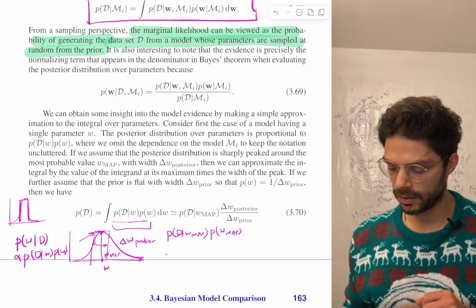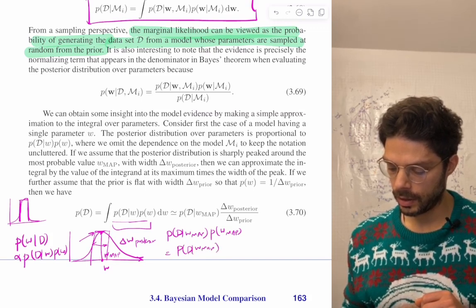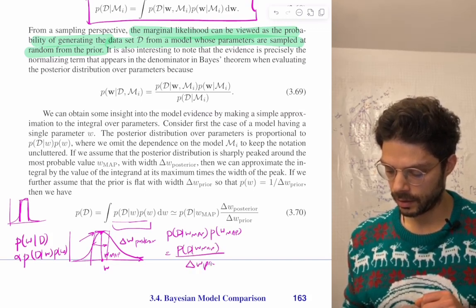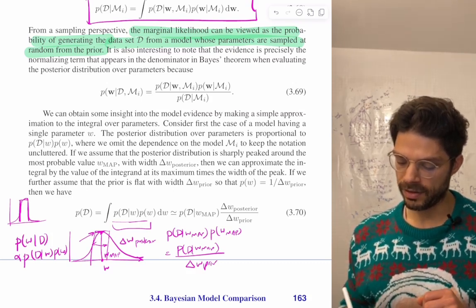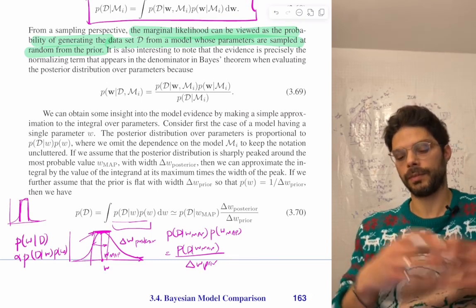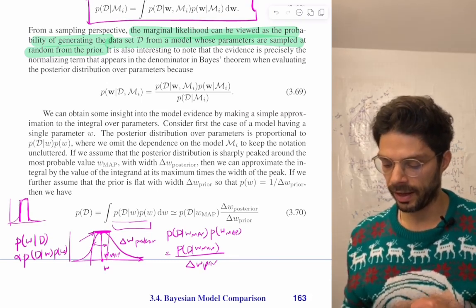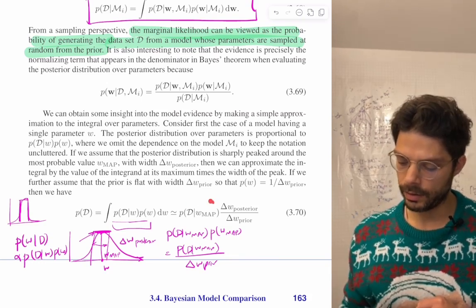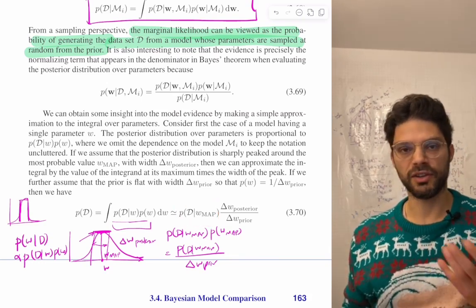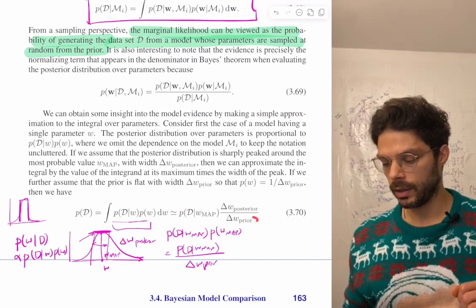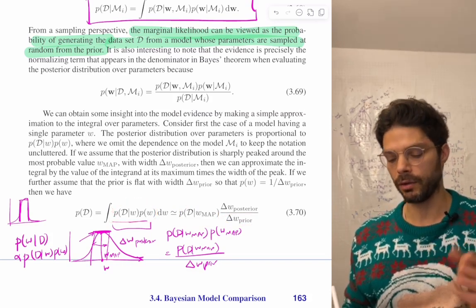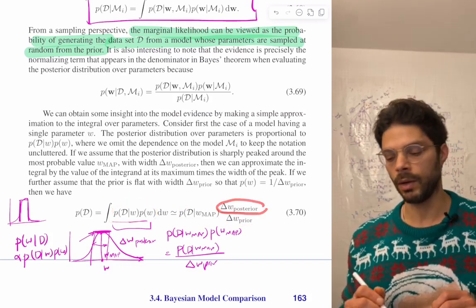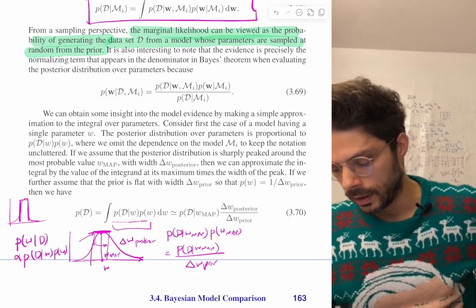So we can just replace this with P of data given W map divided by the width of the prior. So this height is going to be the likelihood of the data at the map value divided by the prior width. That gives us roughly an estimate of the value of the peak, and then we've got the width of the peak, which is just going to be some quantity, delta W posterior.